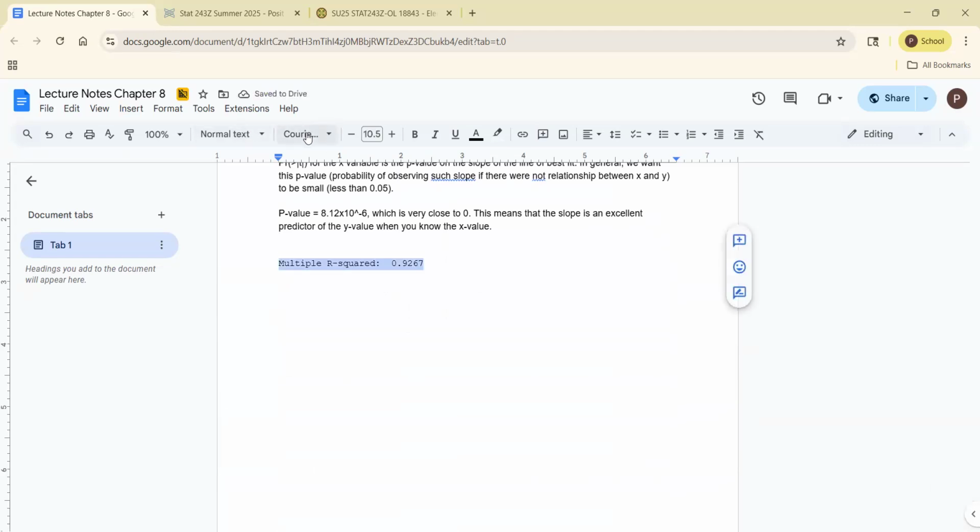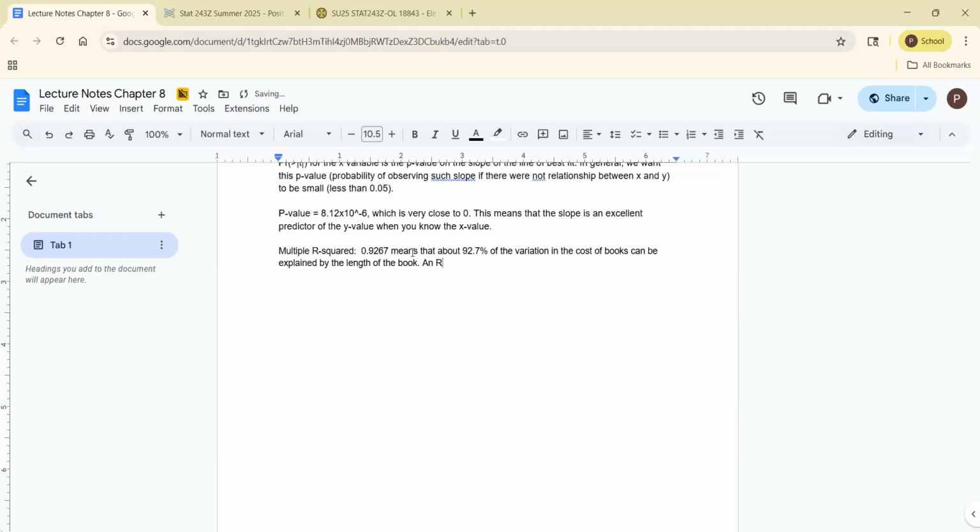The multiple r squared equals 0.9267 means that about 92.7% of the variation in the cost of books can be explained by the length of the book.